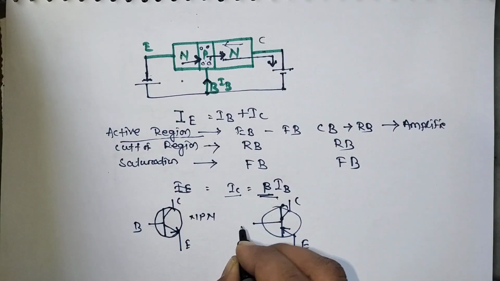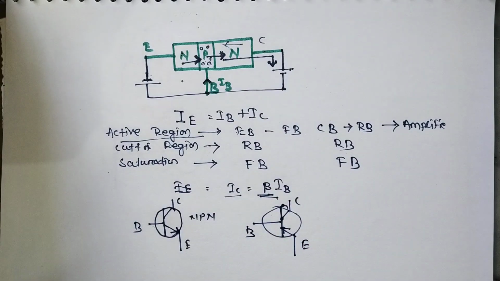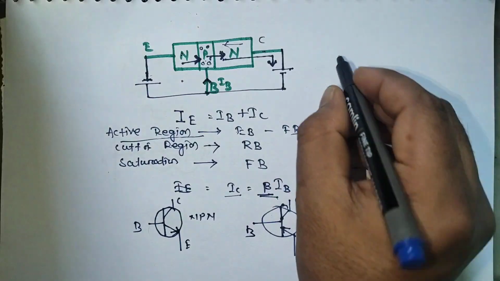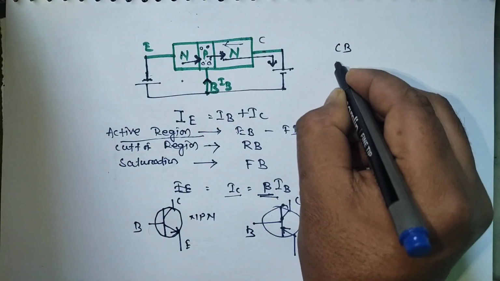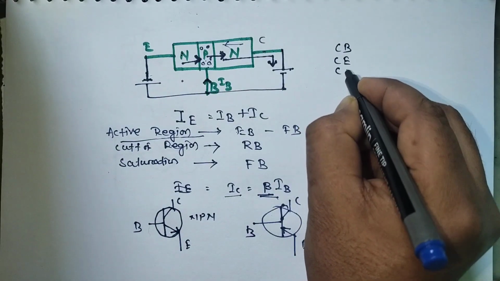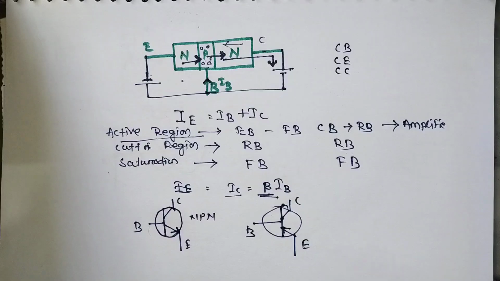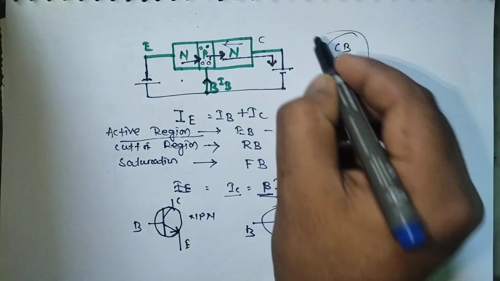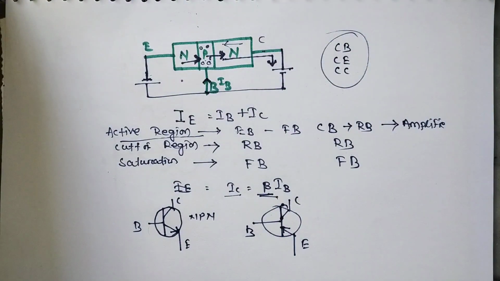There are also three configurations: common base, common emitter, and common collector. According to our requirement, we use these three configurations. In our next video or some further video, we will discuss how it amplifies and what the circuit behavior inside is.